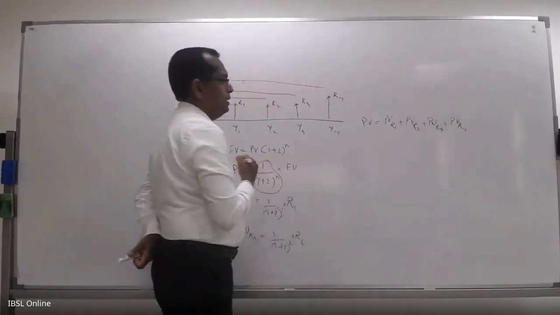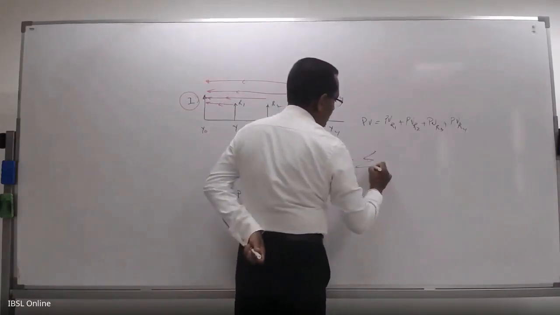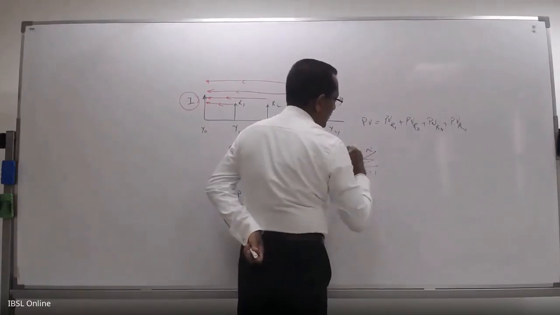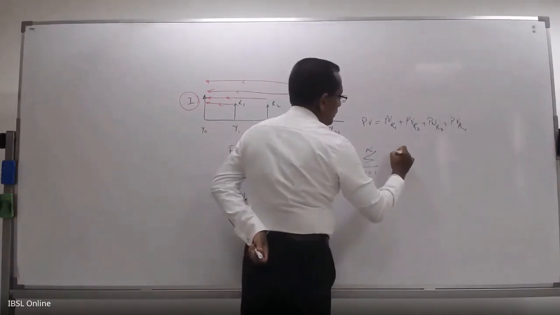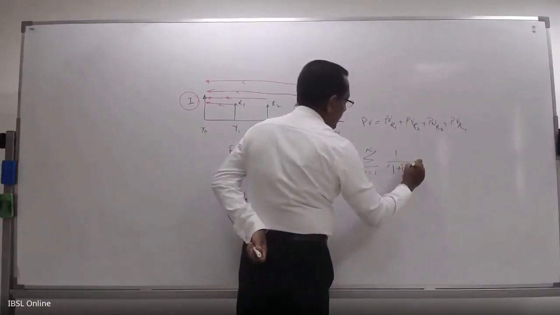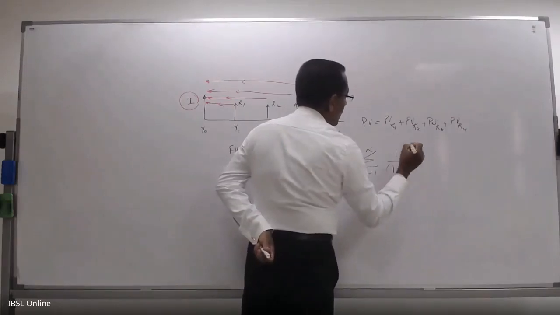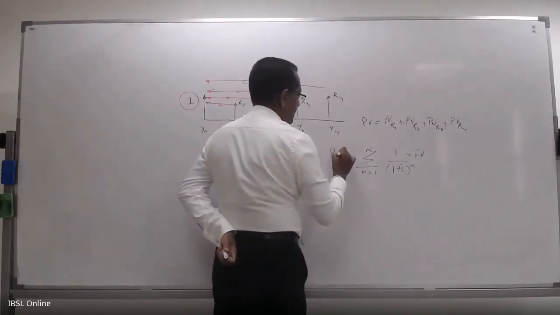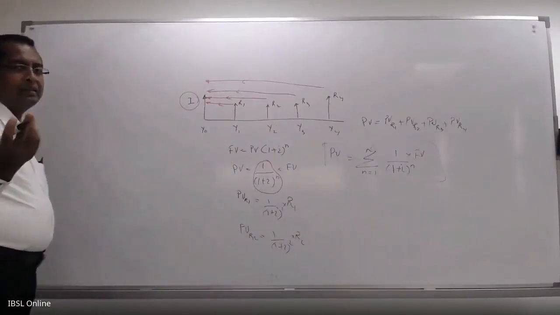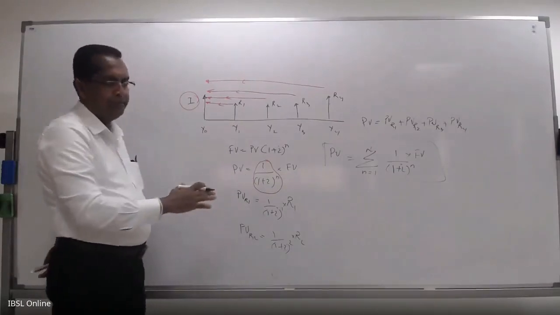So we can write it as sigma n equals 1 to capital N of 1 divided by (1 plus i) to the power n times the future value R, the present value. This is the equation we use. In Excel, it is very easy to get this, but this is the theory behind it.